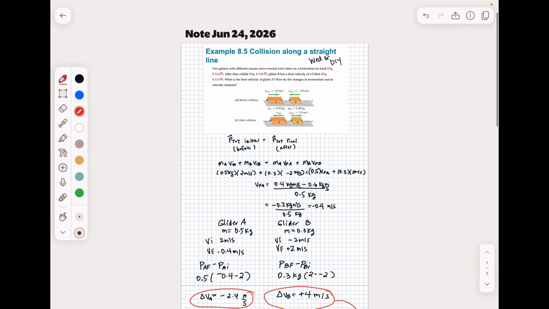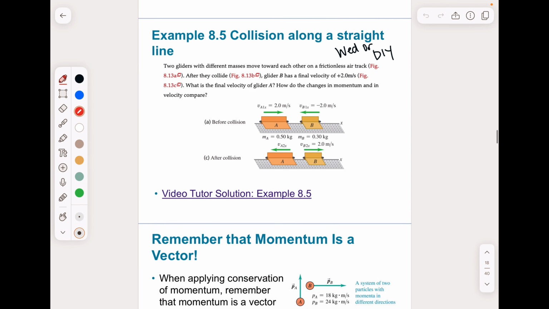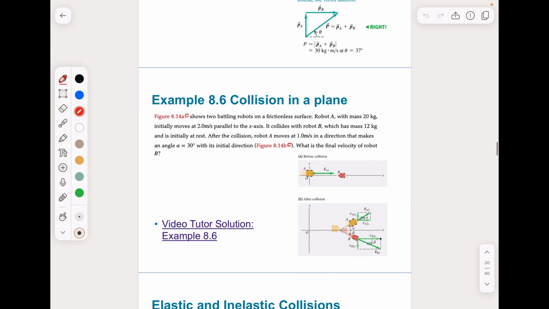So this is an example of a type of problem that could appear on the exam for sure. Especially the end when you're comparing these quantities, the properties of those objects that are colliding. That could appear in a conceptual form on the exam.